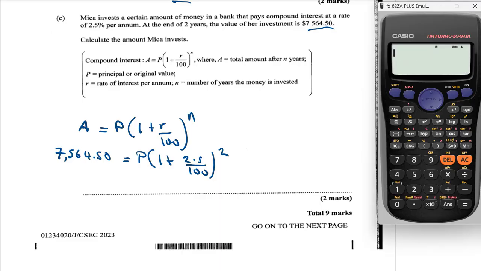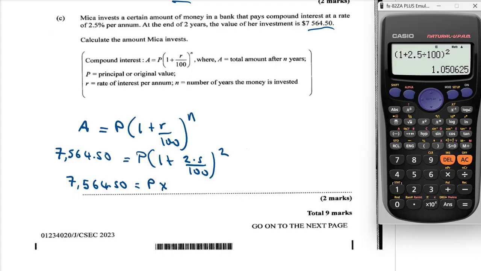Right? So before we enter anything in our calculators, I'm going to say $7,564.50 is equal to P times, and now I'm going to enter this in my calculator, bracket 1 plus 2.5 divided by 100, squared.